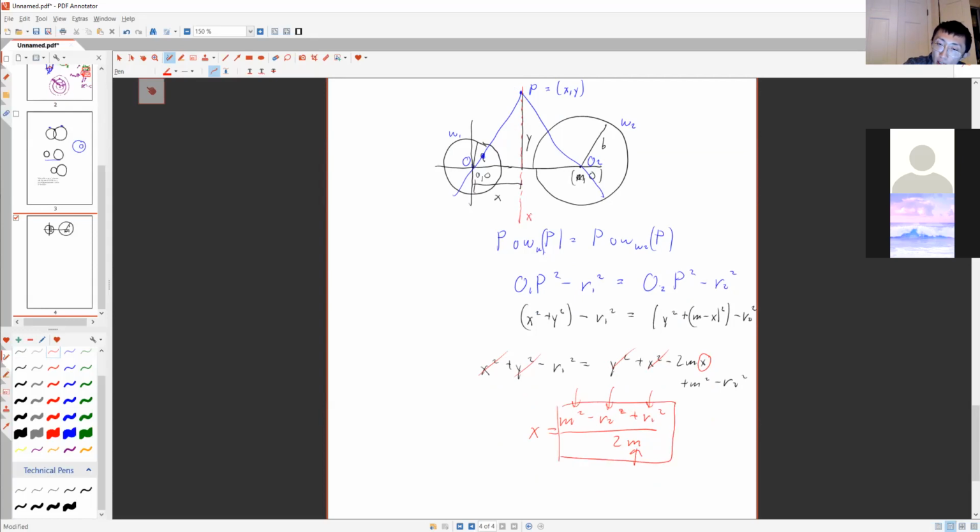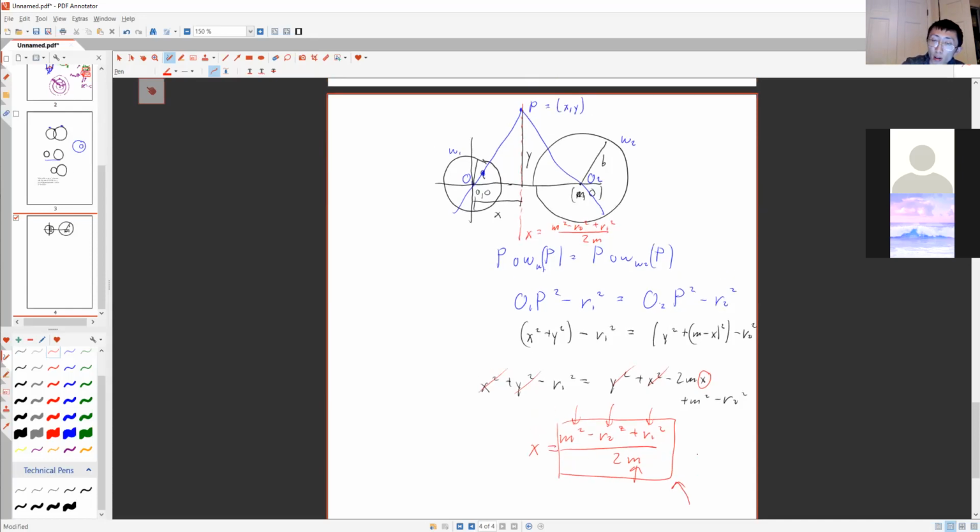So this is X equals that thing minus that thing plus that thing over 2 times M. And this is a constant because all the variables in that expression are constants. So the locus of all points with the same power with respect to two circles is just a straight line that is perpendicular to the line joining the centers of the circles.